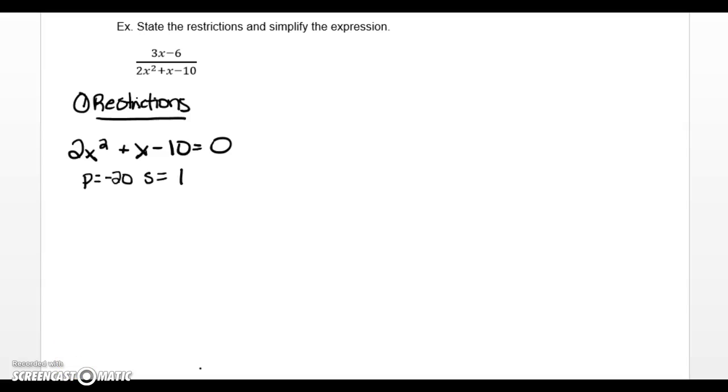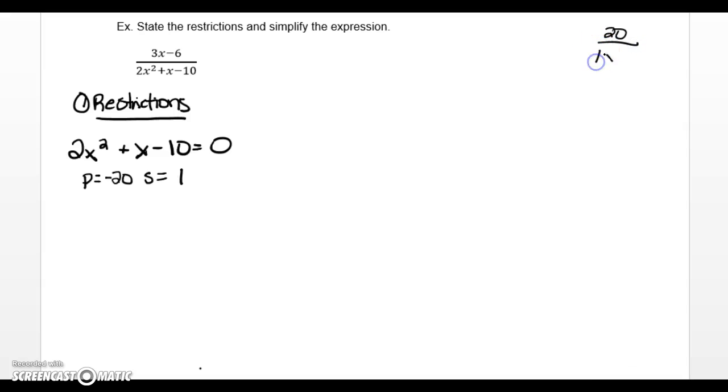From there, you want to think about two numbers that multiply to negative 20 and have a sum of positive 1. If you ever get stuck, just remember you can always make a list of factors of numbers that multiply to negative 20. I always start off with just writing out the positive numbers. I'll write this up top here so it's out of the way.